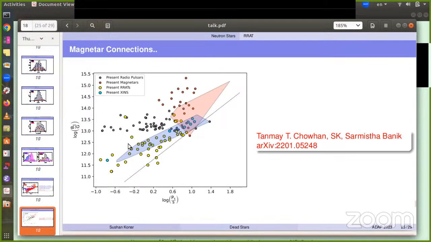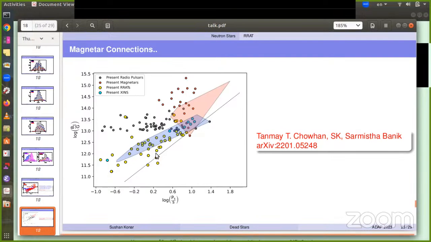Ordinary regular radio pulsars, but with very high magnetic field. We looked at the evolution of their magnetic field with some extended range of physical parameters. And this pink region is where the evolved magnetars will come after a while. And the blue region is where the evolved strong magnetic field radio pulsars would come.